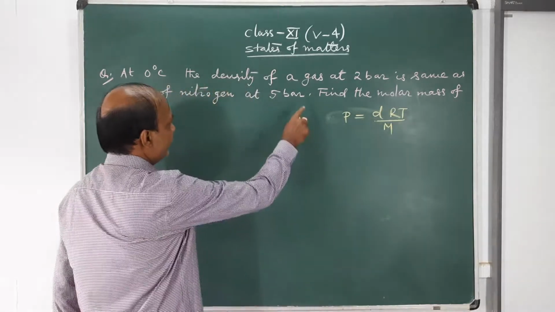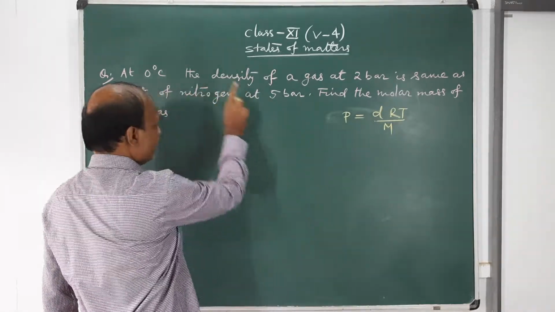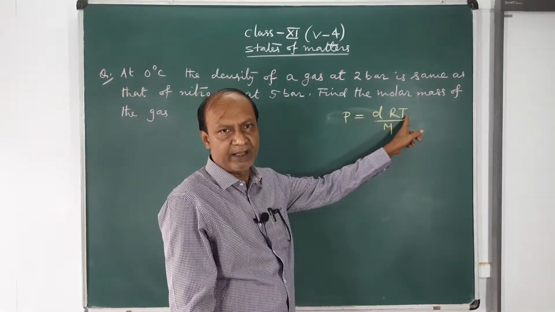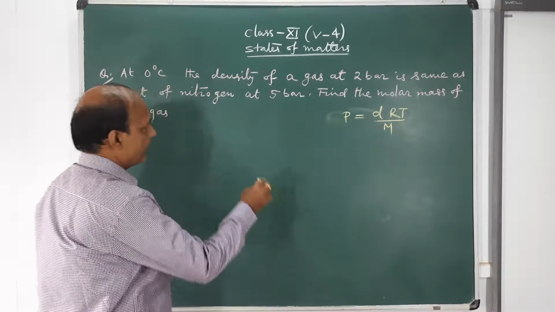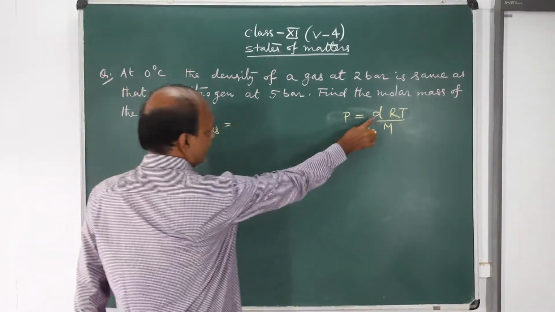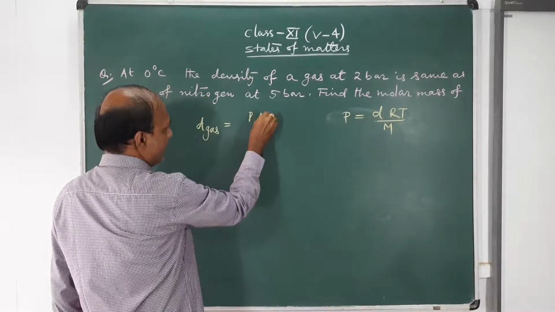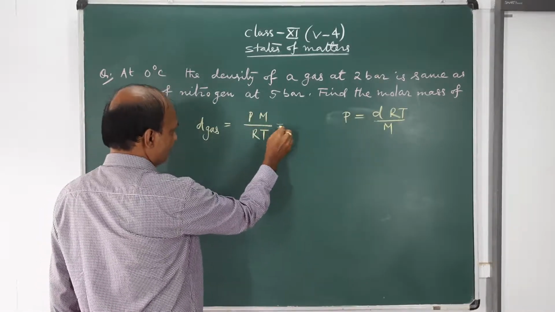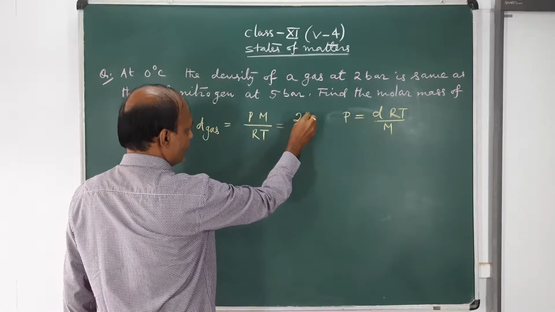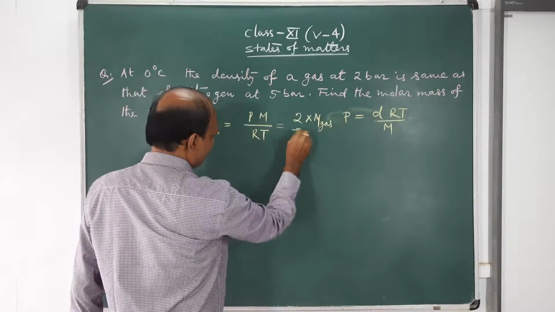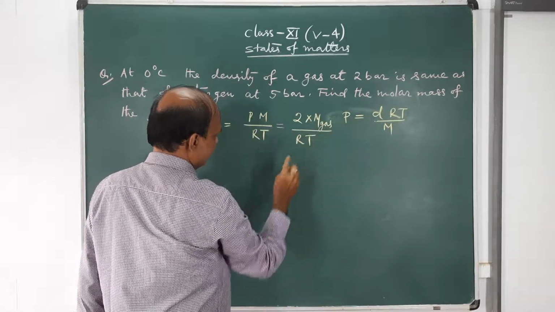Now here it is given at 0 degree centigrade, that means temperature is kept constant for both cases. Therefore, we can write that density of the gas equals P into M by R into T. This is equal to 2 into M, the molar mass of the gas, by RT.